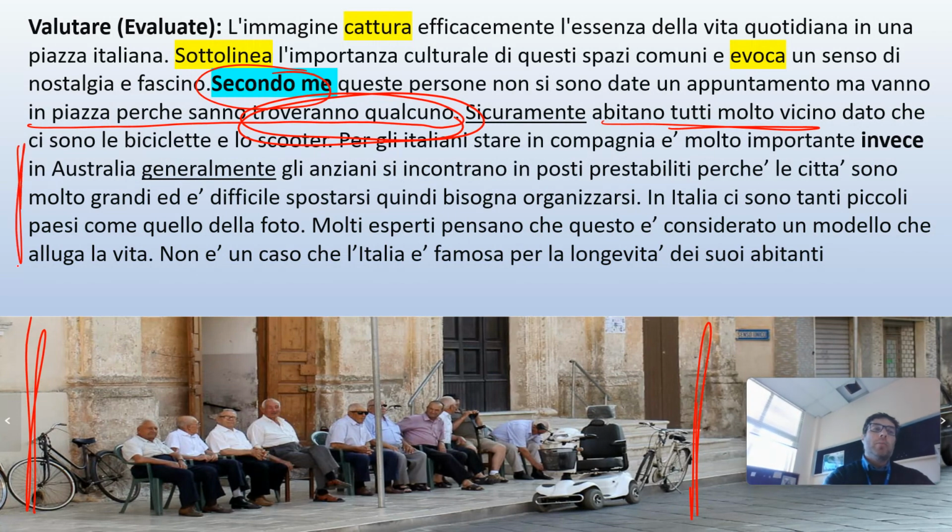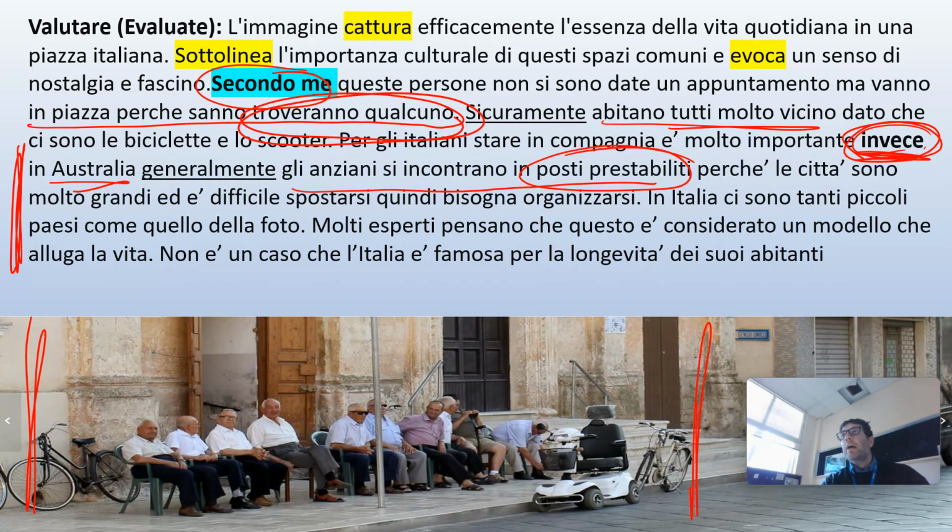So this is the comparison, and you can see it here when you use a contrasting connector like "invece", but you can use others like "tuttavia", "mentre". In Australia gli anziani si incontrano in posti prestabiliti. So it's not common to see many old people in the streets just waiting for life to pass by, and this is because the architecture of the cities is different.